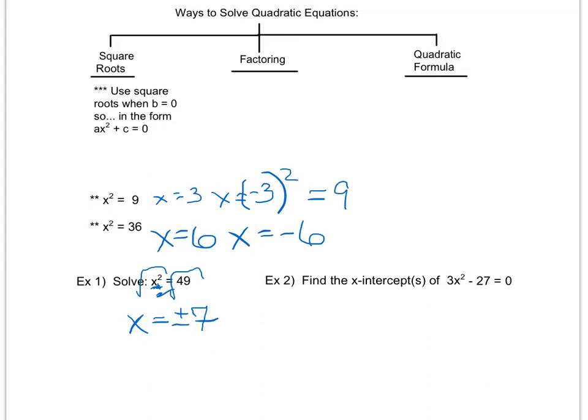On example 2, let's look at that. Same idea, I want to find the x-intercepts of 3x squared minus 27 equals 0. Notice 0 has already been plugged in for me.